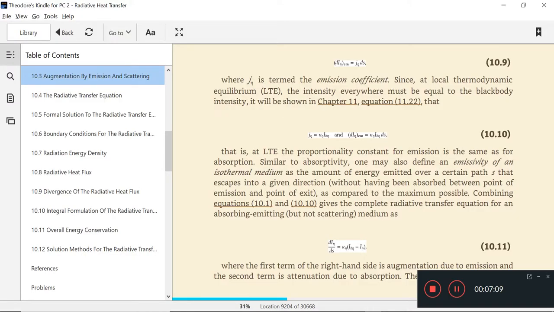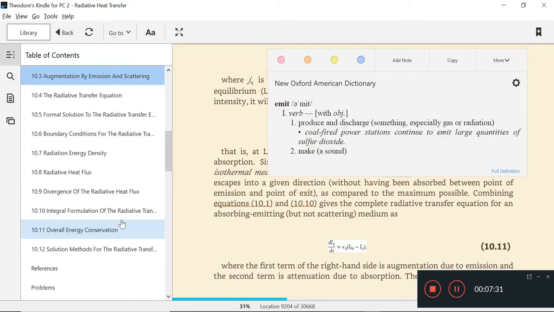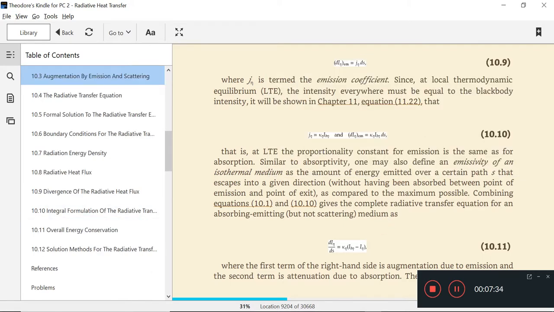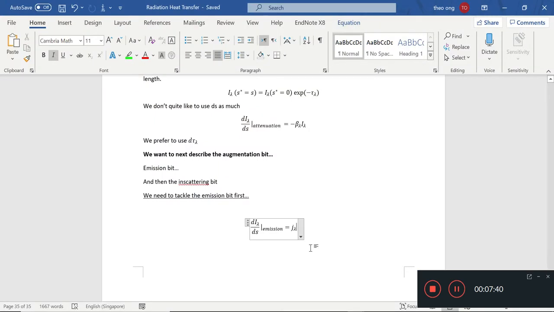And what is this? They say at local thermodynamic equilibrium, the intensity everywhere must be equal to the black body intensity. I'm not going to go through that here, but suffice to say that after some derivations, we find that J eta or J lambda is equal to kappa lambda times IB lambda.